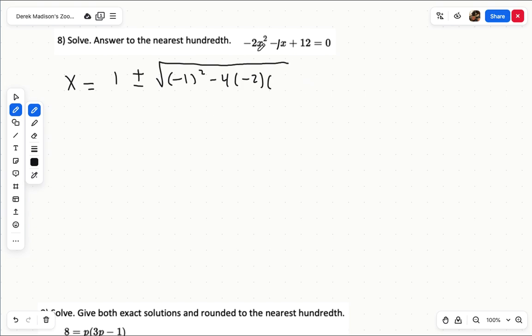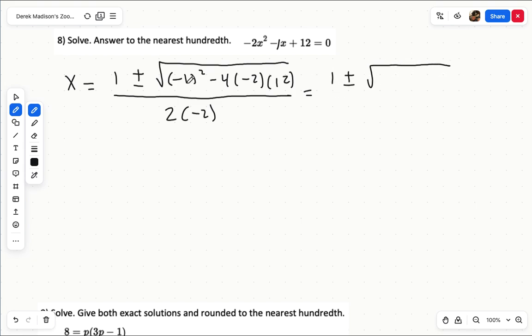Since I'm just going to throw this in the calculator, I'm not worrying about it, but you can do that. For a c, so c is 12. That's all over 2a. That's actually why I don't like the negative, is you end up with 1 in the denominator, which just makes it a little harder to type in the calculator.